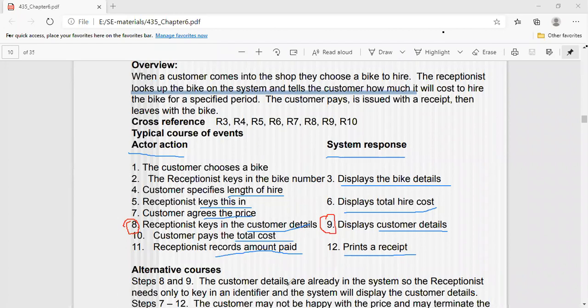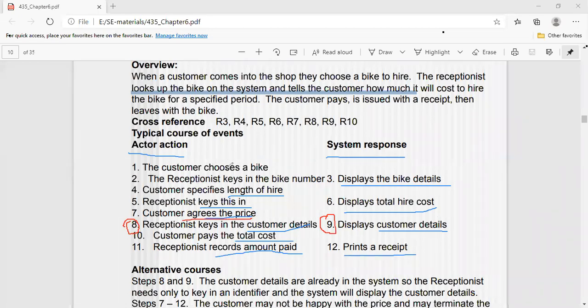Steps 8 and 9: the customer details are already in the system, so the receptionist needs only the identifier and the system will display the customer details. And if the customer is not happy with the price of the particular bike, what should he do?